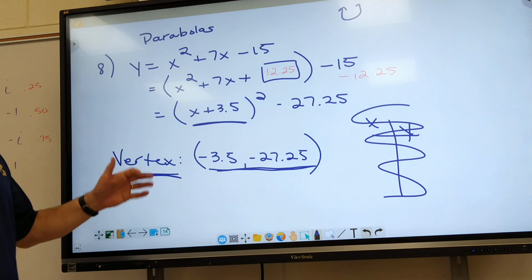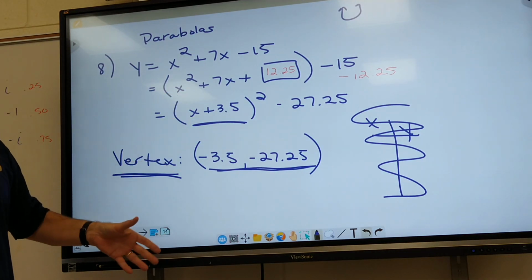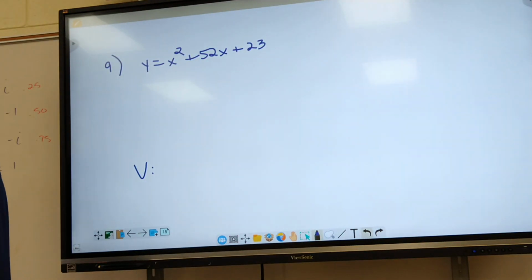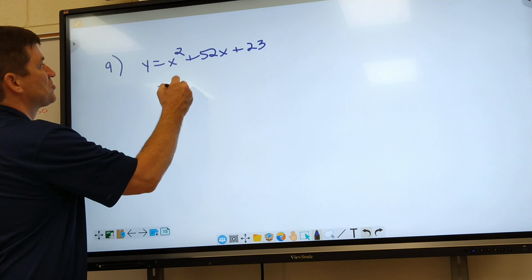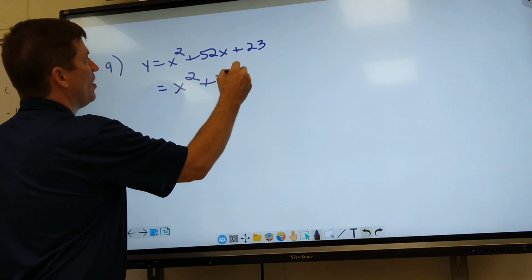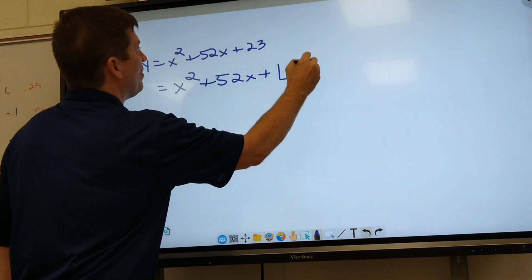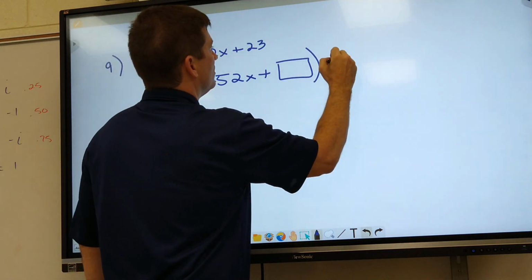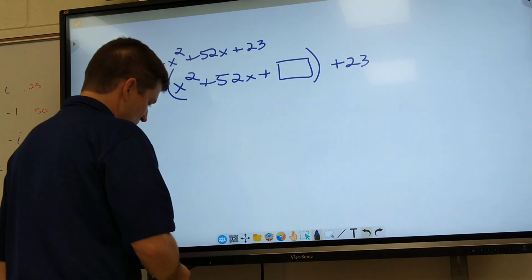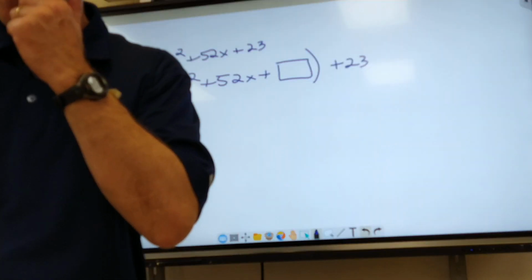All right, so 8 was a little bit different, but 9's just like 8. So you guys try 9. I'm going to give y'all a chance to see if you can fill in the box. Push 23 down out of the way. See if y'all can do that one.